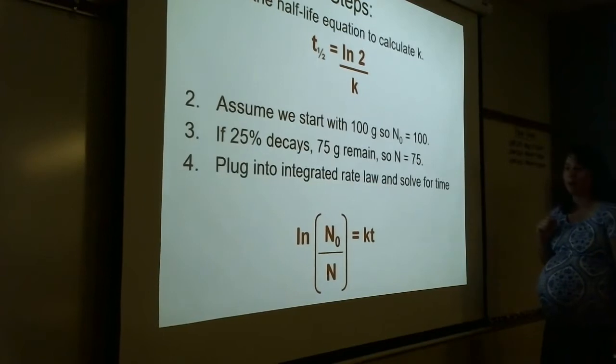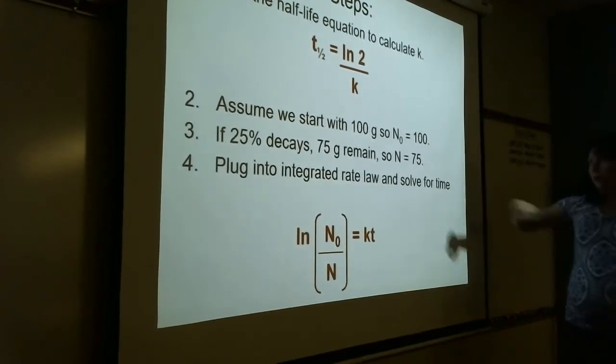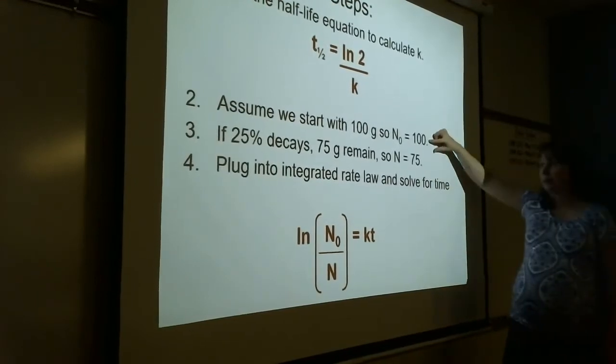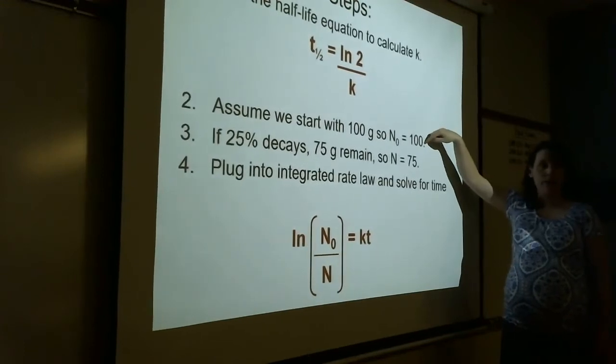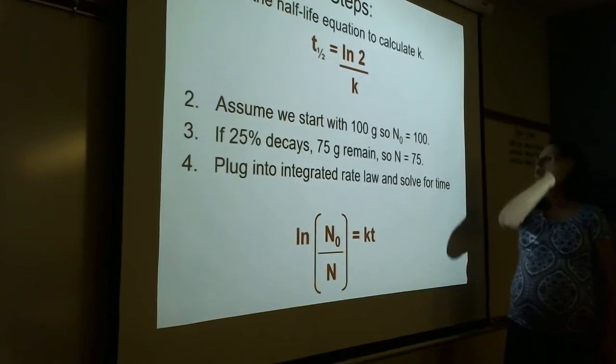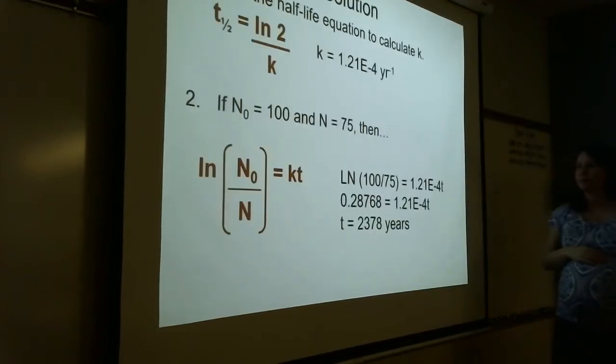And we just plug into our integrated rate law. Does this make sense? Everyone see where the 100 and the 75 came from? Again, if I had given you the initial mass, that would be what goes here, and then you subtract 25%, and that would be what goes here. But since I didn't give you any initial mass, you're just pretending you start with 100 because that makes the math a little bit easier.